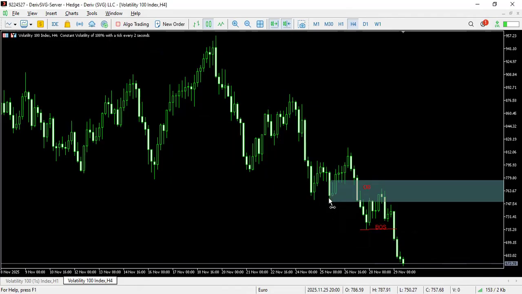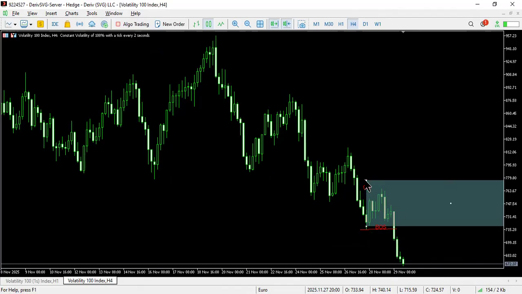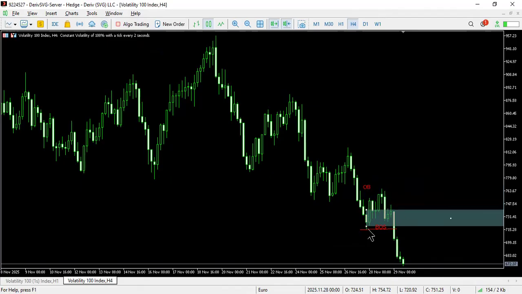And then the order block, which caused that break of structure, is that one. That is the order block which caused the break of structure. So we are going to be waiting for a retracement into that order block, for price to go and mitigate that order block, because price moves by mitigating order blocks.